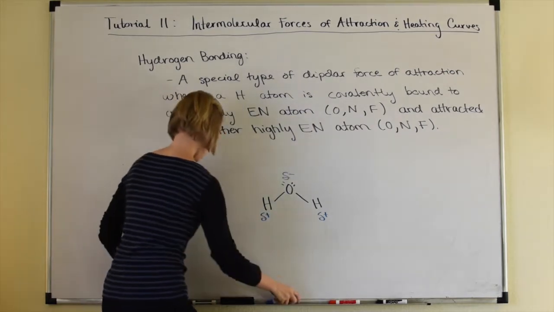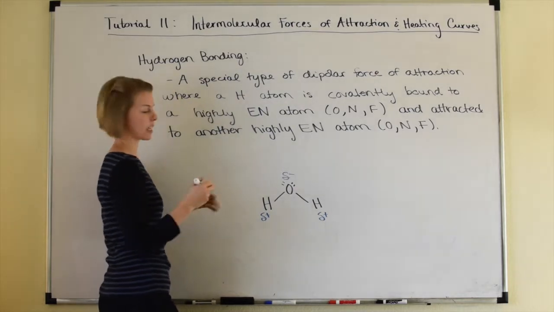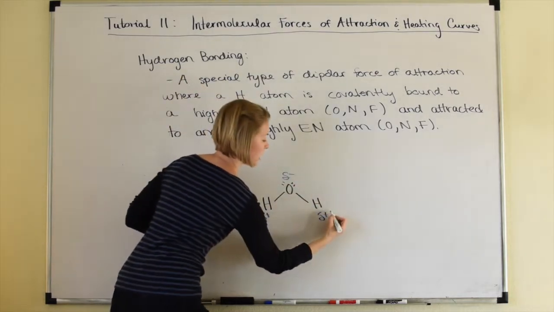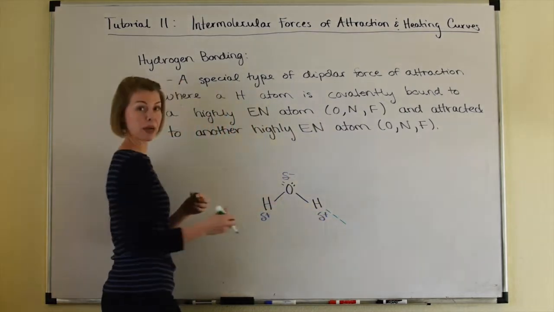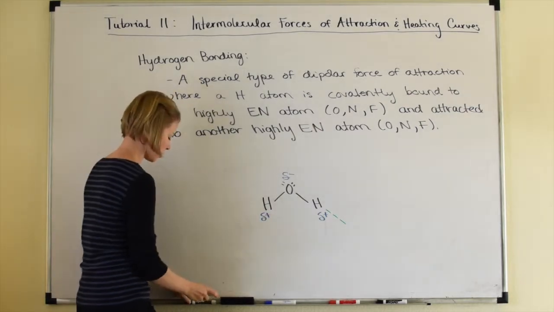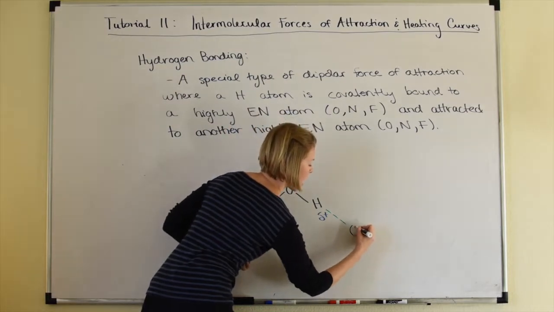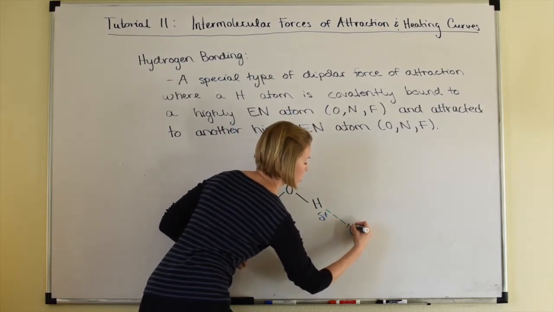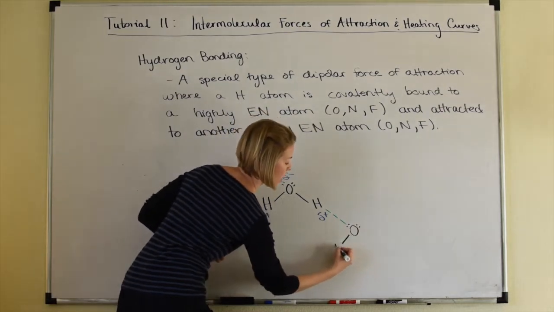Okay. And then I'm going to indicate my hydrogen bond, my intermolecular force of attraction, with the green dashed line. So I'll show this hydrogen participating in a hydrogen bond to another water molecule. Okay. So it would be attracting the highly electronegative oxygen. It's going to be attracting the lone pair electron on that oxygen atom.